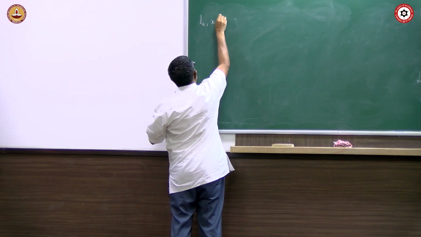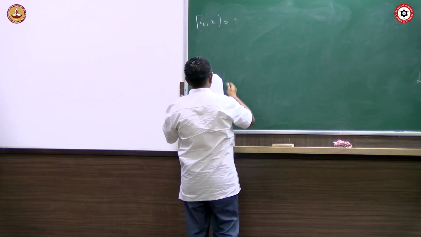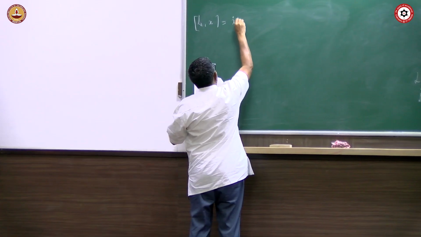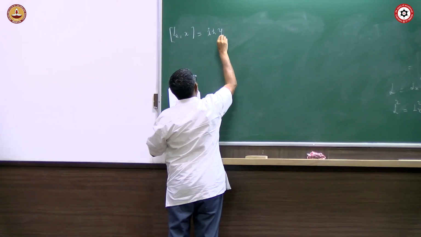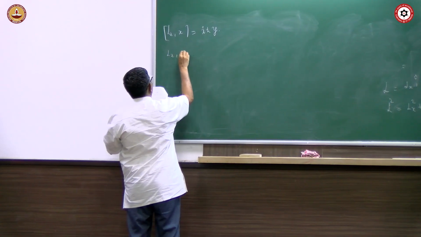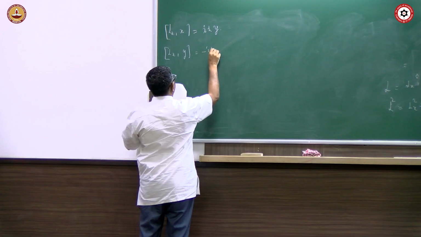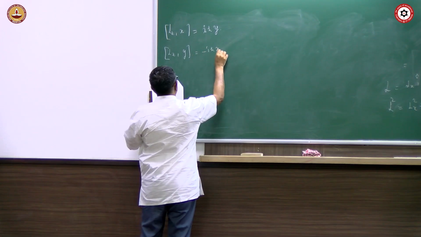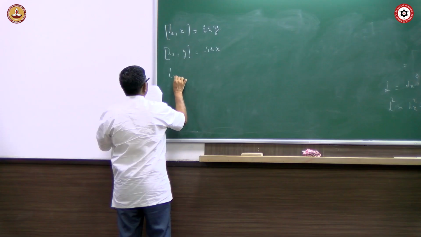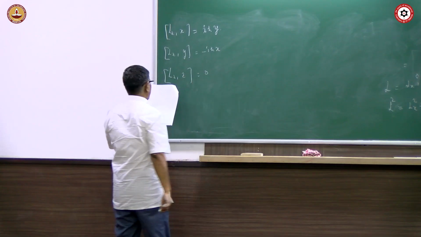Lz comma x. What is that value? iħ y. Lz comma y is minus iħ x. Lz comma z equal to 0.